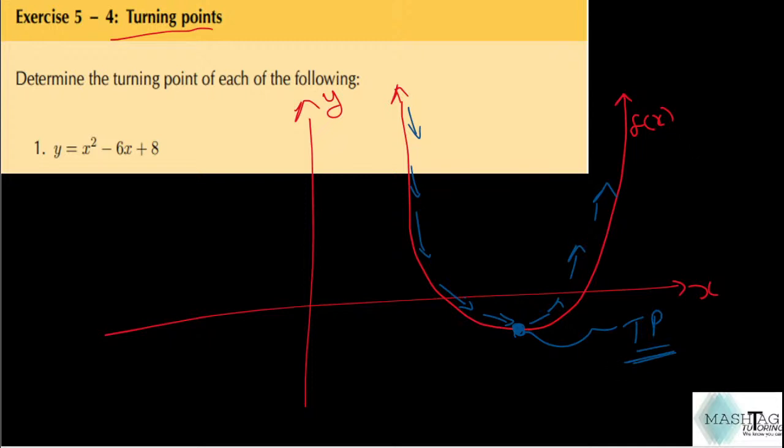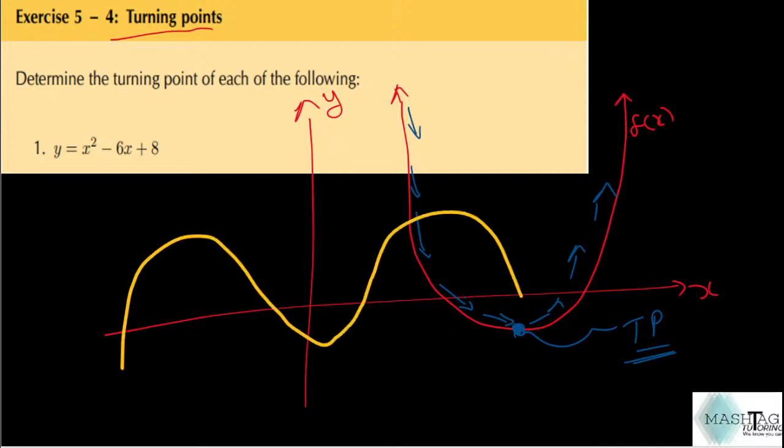Remember, some graphs have more than just one turning point. Like in trig, you can have a graph that goes like this, where this is a turning point, that's a turning point, that's a turning point, and all of that.